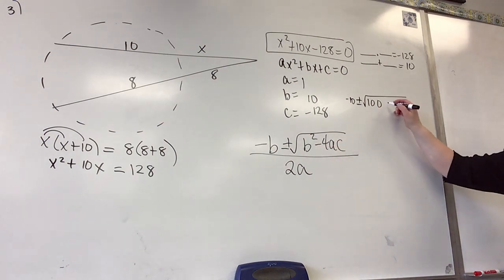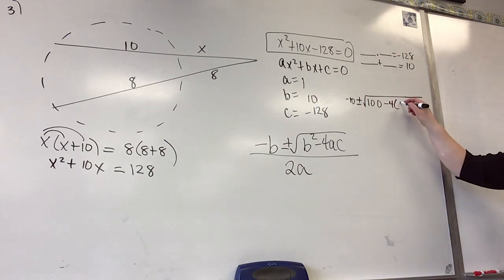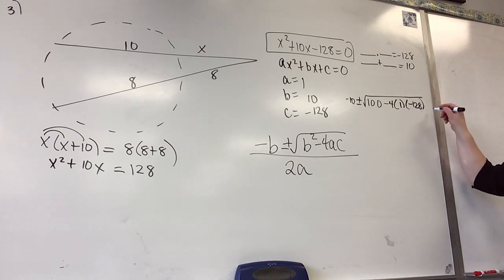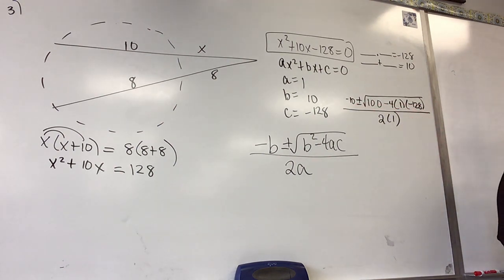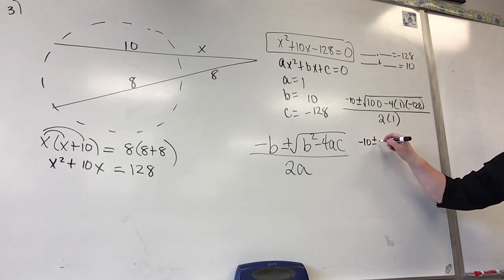Okay, minus 4 times A times C, and I'd still put parentheses around it, all over 2 times 1, which is A. Do we even have to add the 1 if it's a 1? Nah, you don't have to.